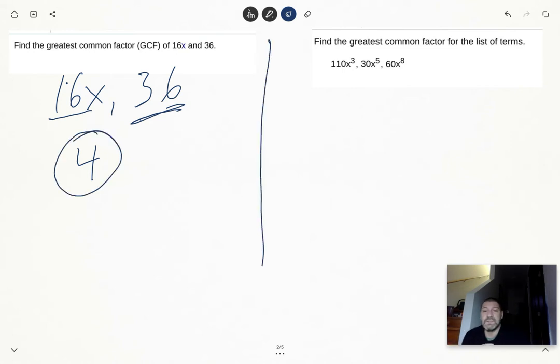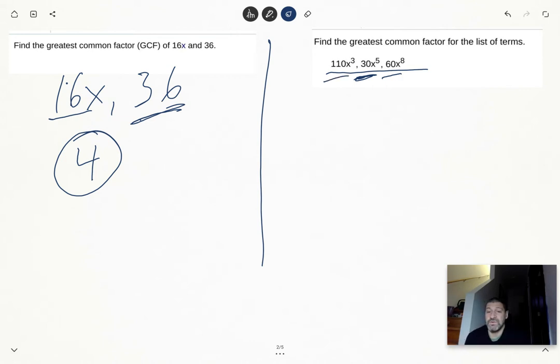Now let's come over here and look at these 3 terms. So the greatest number that goes into all 3 of those would be, I'll start with my smallest number. Does 30 go into all 3 numbers? It goes into 60, but not 110.